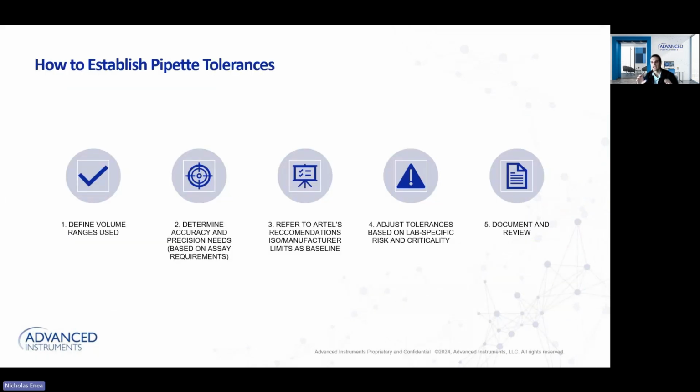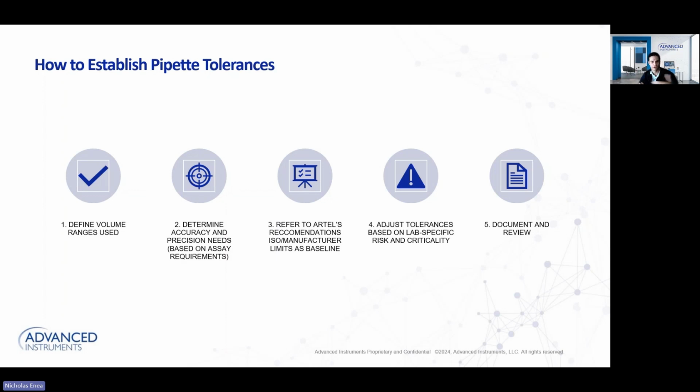All right. And I think this is the biggest part of this as well, and kind of why we're here today. How do we define these tolerances? So I think first we need to really define the volume ranges that we're using. Let's take, for example, if we're working with a liquid handler and we're using a 1,000 microliter head, or we're working with a P1000 pipette, are we using the full range of that pipette?